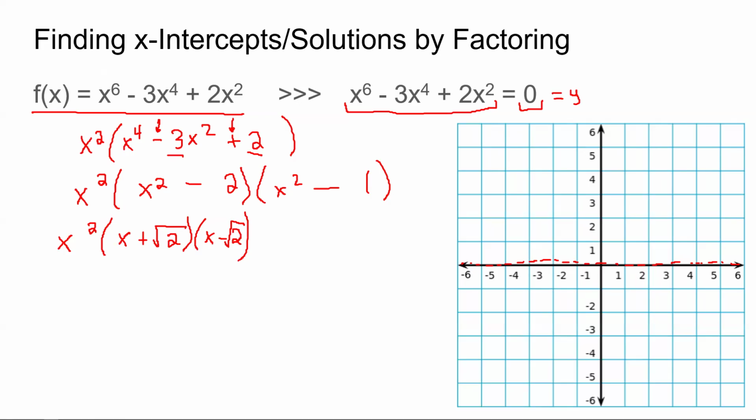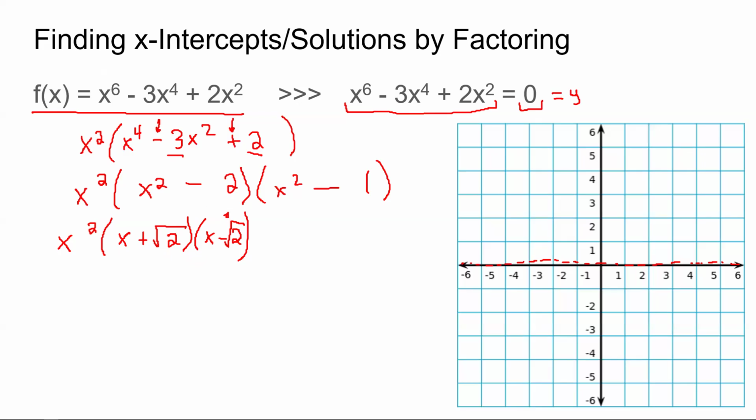Outer would give me negative square root of 2 x right here. And this would give me positive square root 2 x. Those are going to cancel, those cross terms. And when I do the last times the last, then I'd have square root of 2 times square root of 2 is 2. And a positive times a negative would give me the negative 2. So that checks out right there.